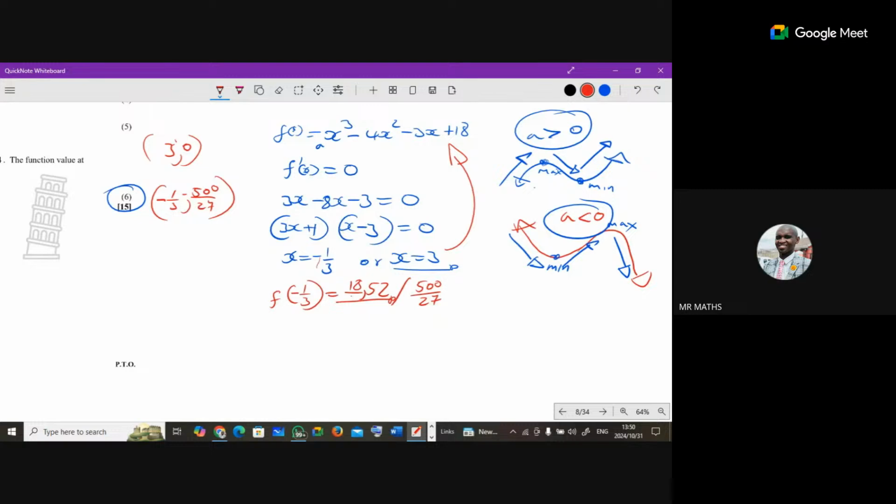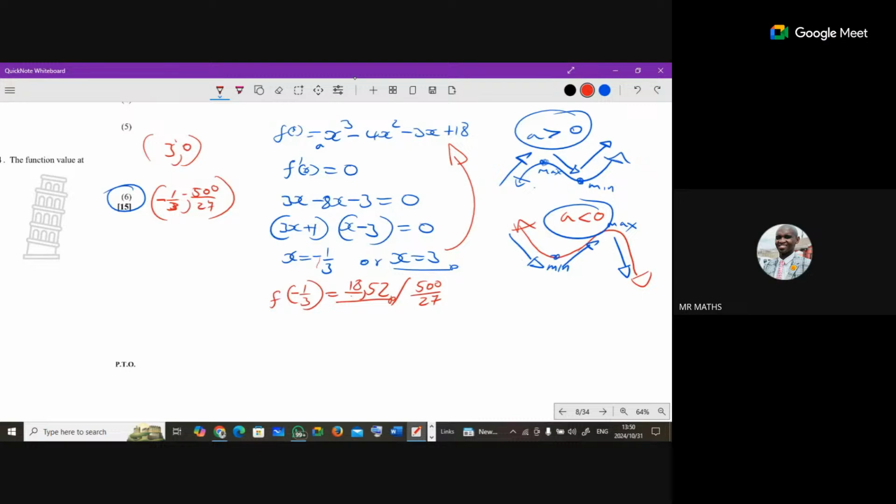And also you know that x is negative 1 over 3, as much as it applies to this function, in these functions we know it as a turning point. Again it is also a point on the graph. Are we together? The x value of the turning point. And now we know, okay, a turning point is a point on the graph.